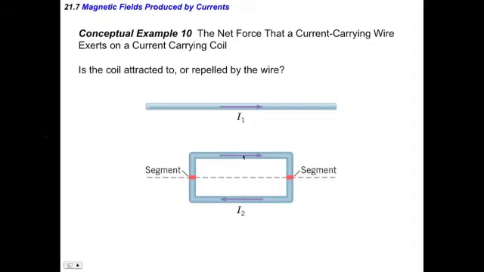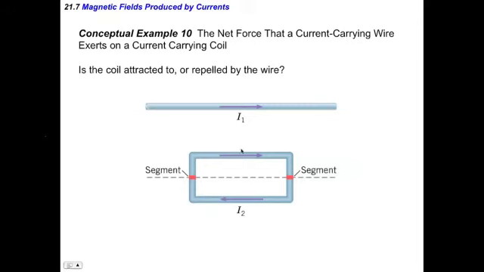I2 travels the same throughout, but I2 at the top and I1 are in the same direction, so these two are going to attract. I1 and I2 at the bottom, because they're in opposite directions, are going to repel.